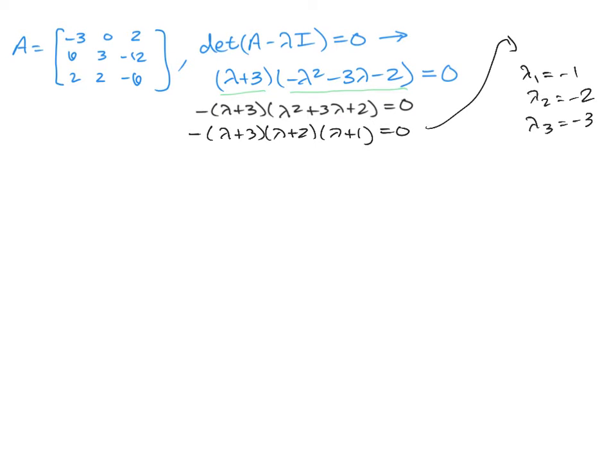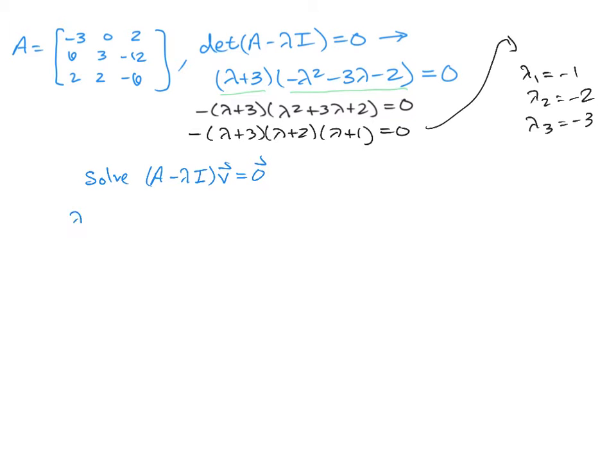So now we have to go through and find the corresponding eigenvectors for these. It's going to be a lot of work because we need to solve our linear system, which is (A minus lambda I) times v is equal to 0. For each of these, it's going to correspond to a 3 by 3 linear system.